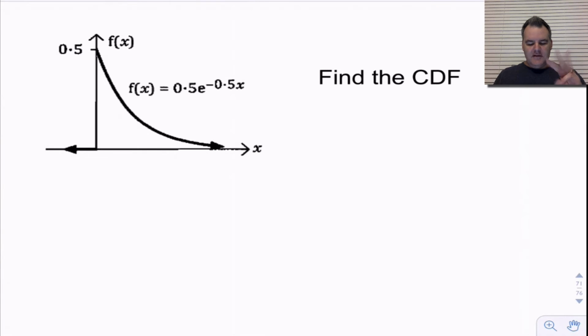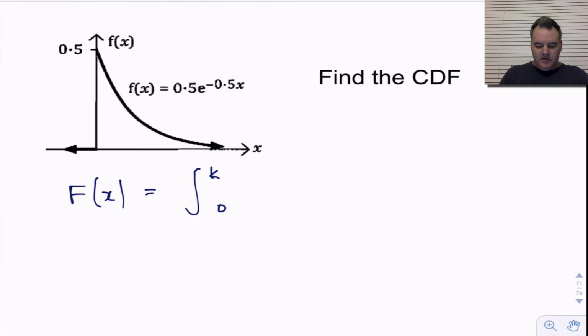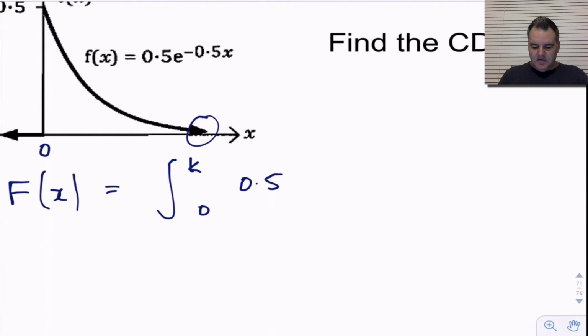And the third one here, this is this exponential function that we dealt with before, a really similar one. The CDF, the cumulative distribution function here, is the integral from k to 0. In this case, this is going to x equals 0. And this one's a little bit strange because it keeps going off to infinity, but it'll work out. 0.5e to the minus 0.5x.